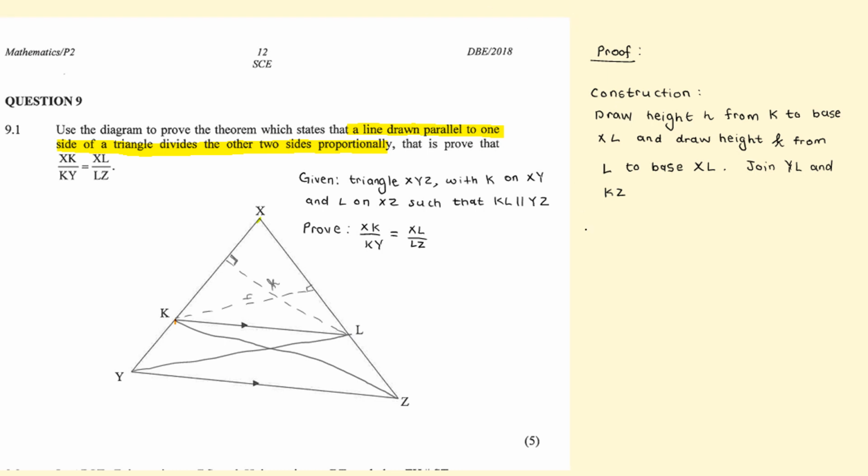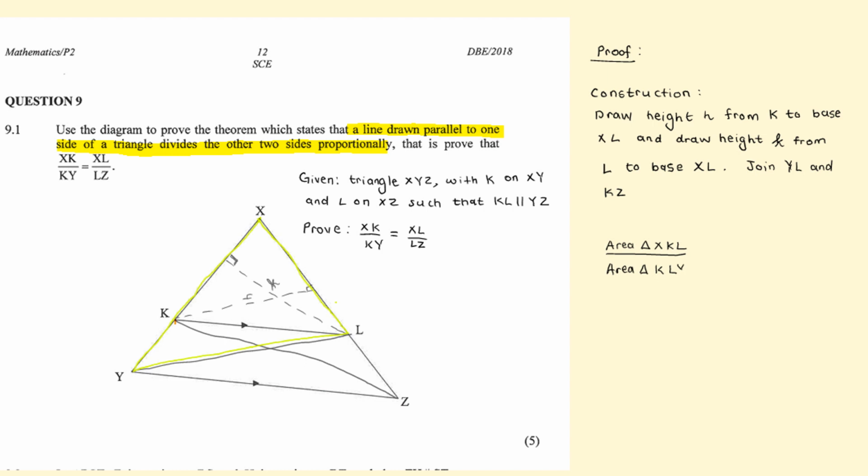Firstly, let's look at the area of triangle XKL to the area of triangle KLY, the triangle that I highlighted initially in green.